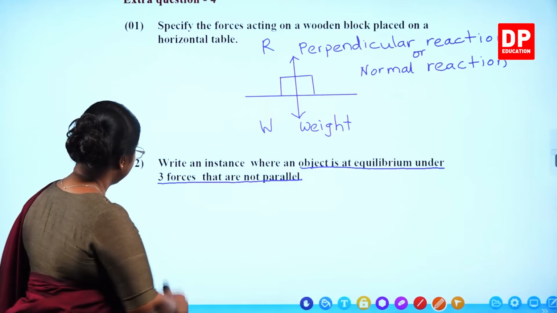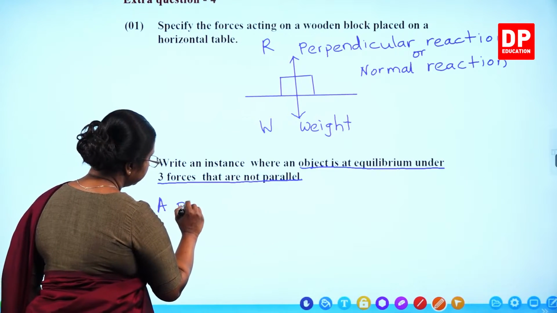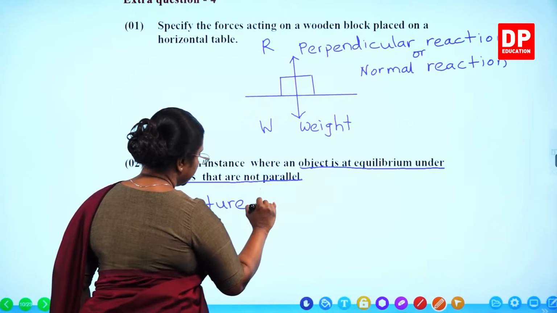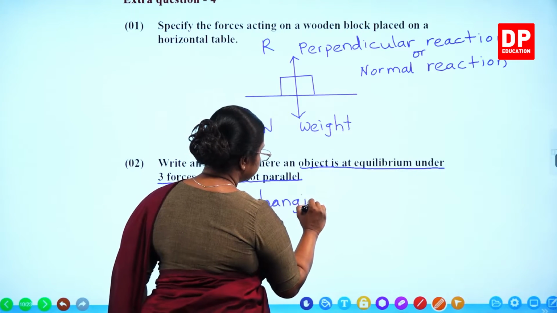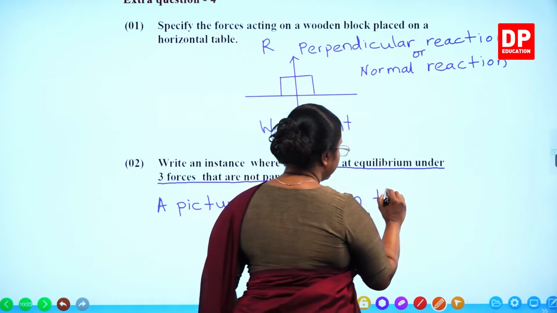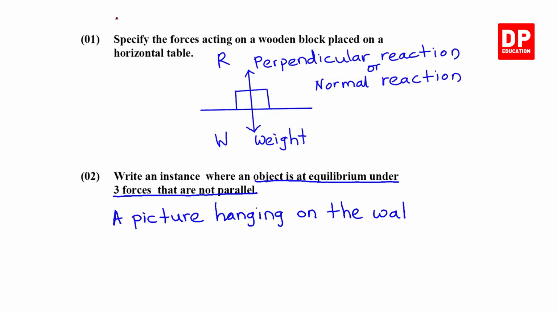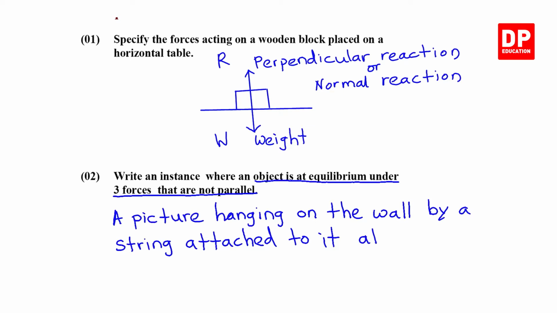So, here I will say a picture hanging on the wall by a string attached to it at 2 points, or we can say 2 nails.